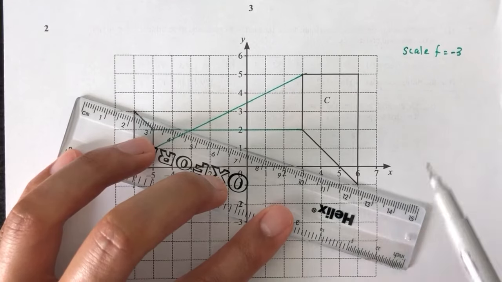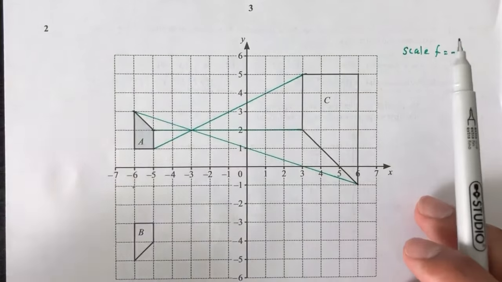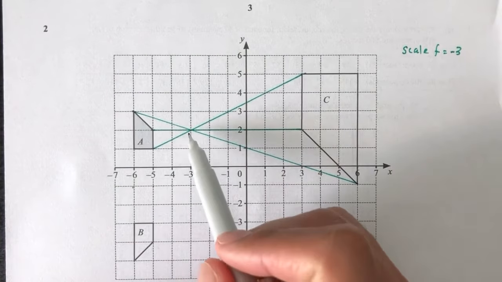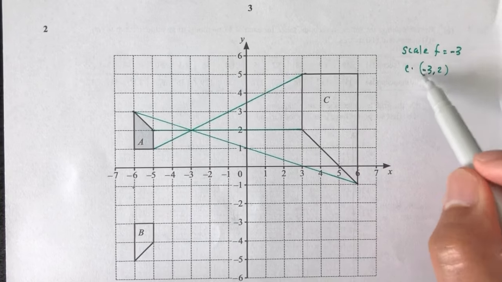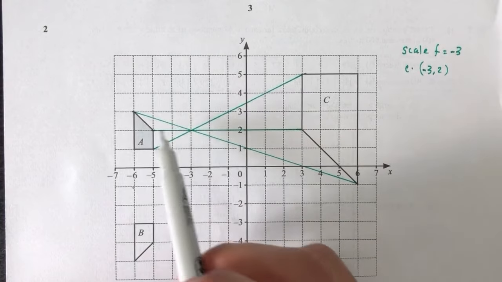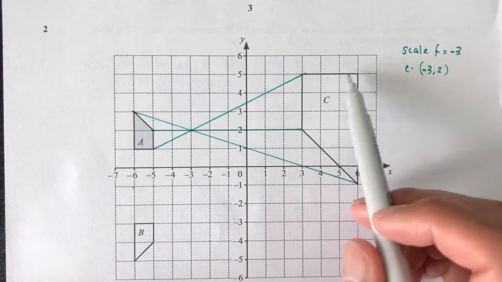Here you go. By joining those 3 lines, you find out the center of enlargement is actually -3, 2. So the center is -3, 2. And since the shape is on the opposite side of the center, it will be a negative scale factor.